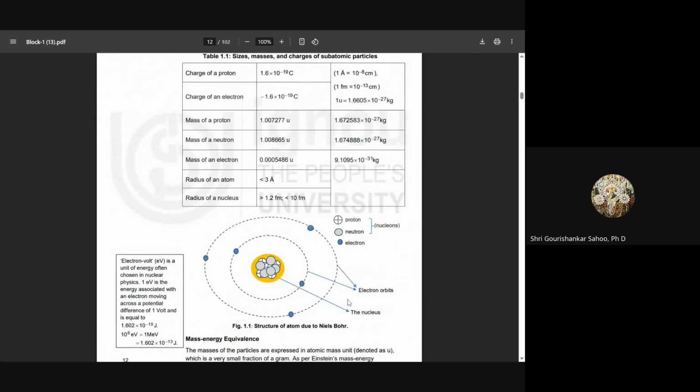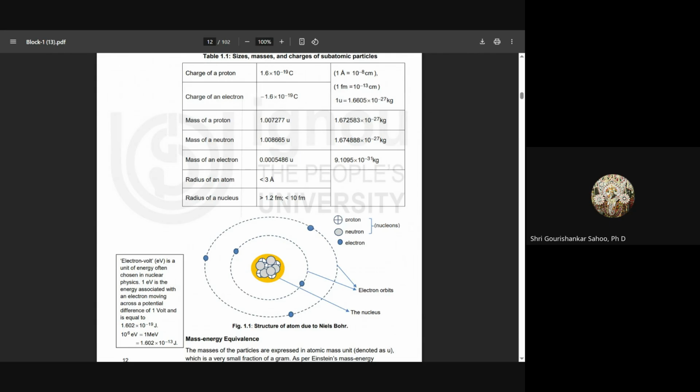The charge of a proton is 1.6 into 10 to the minus 19 coulomb, and that of an electron is minus 1.6 into 10 to the minus 19 coulomb. So the charge of the proton is the negative of that of the electron, and the value is the same.